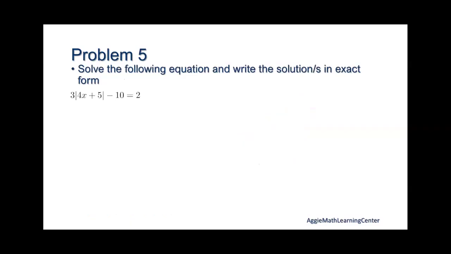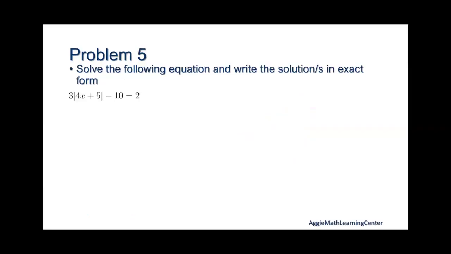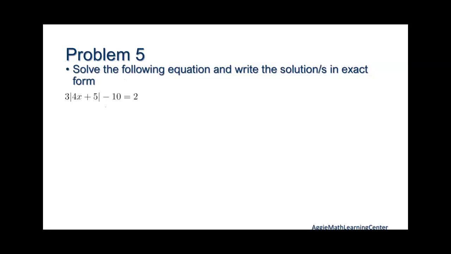All right. So how do we want to start this problem? By adding 10 to both sides. And then what do we want to do next? Divide out the 3.